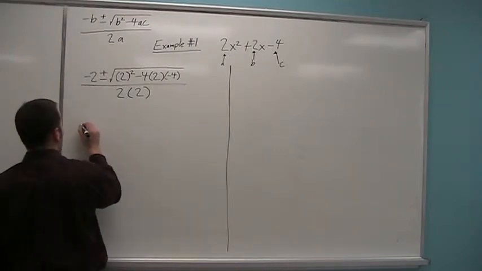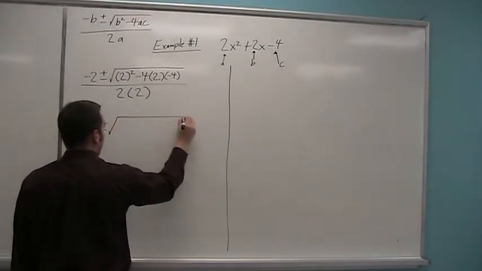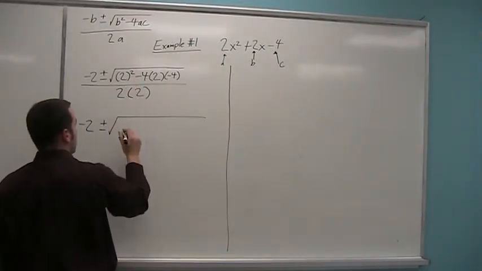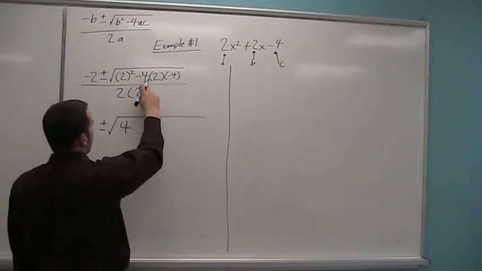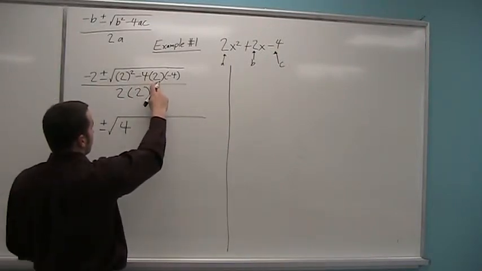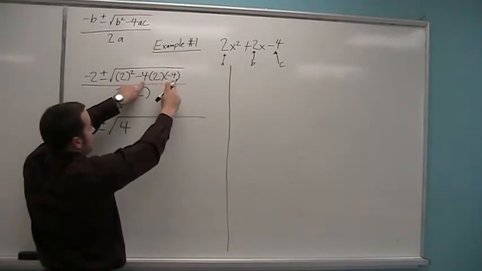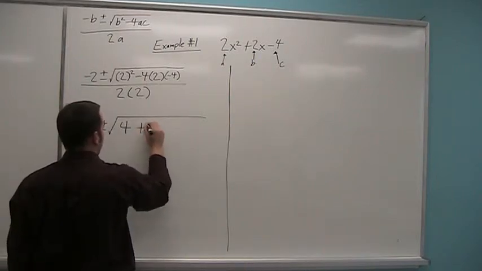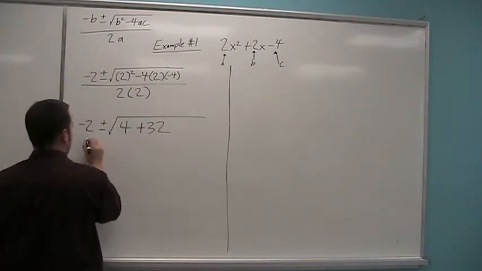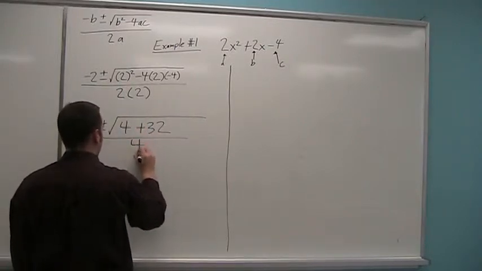Again, it's -2 plus or minus the square root. 2 squared gives me 4. Then over here, -4 times 2 gives me -8. -8 times -4 gives me +32. All divided by 2 times 2 is 4.